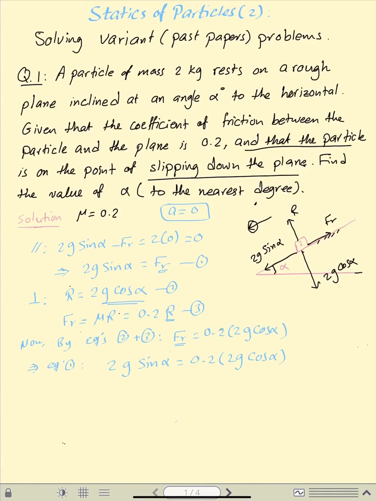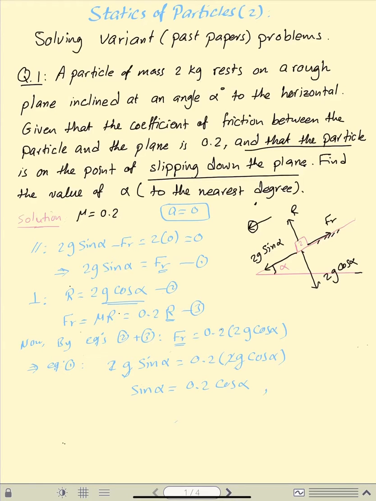Now we can do straightforward and fast steps. 2 with 2, the same values, g with g cancelling each other. Then you'll have sine alpha is equal to 0.2 cosine alpha. So we have sine alpha and cosine alpha in one equation.